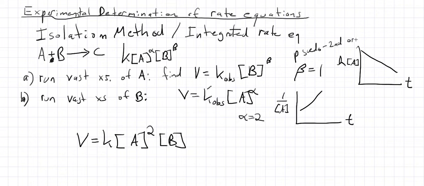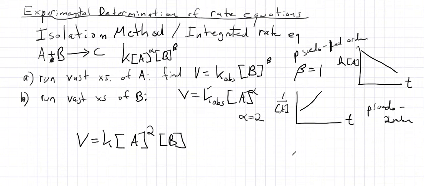Because we swamped it with B, we're only looking at the effect of A, so this one is pseudo first order, and this one down here would be pseudo second order.